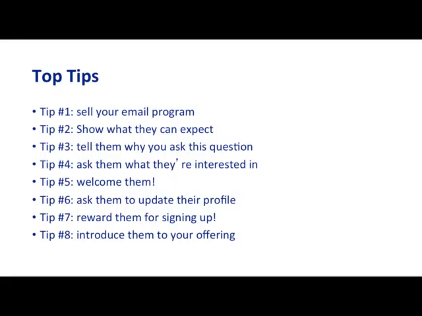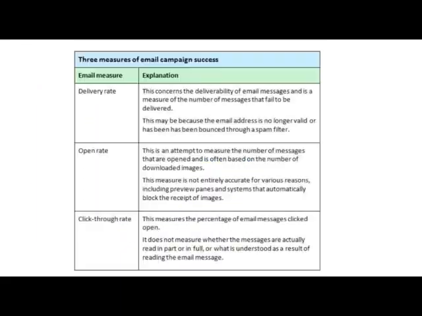Make sure that you're communicating with them the whole way through that process. Ask them to update their profile. The more you know about them, the better you can communicate with them. Reward them for signing up, whether that's through social media, a competition or some sort of incentive, and introduce them to your offering. So always make sure you introduce them to what they should expect to see and hear from you.